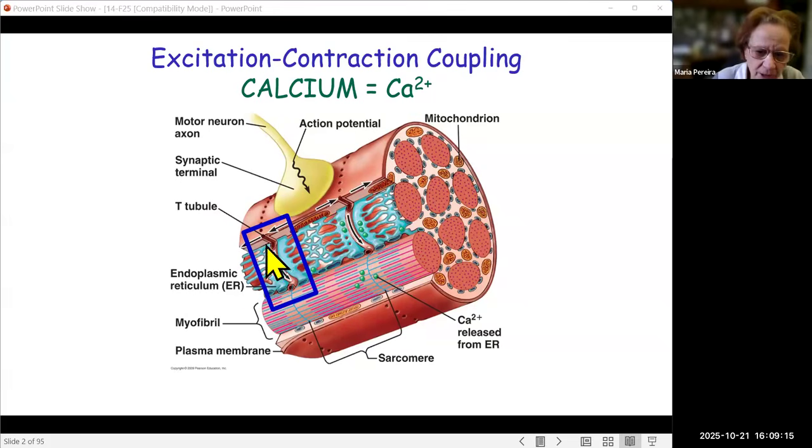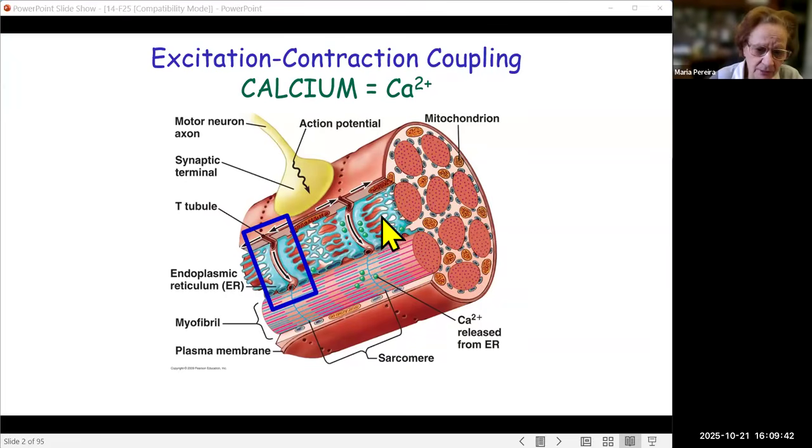Okay, so here is the muscle fiber. And remember the myofibrils, right? These cylinders that are made up of the thick and thin filaments, that have the actin and the myosin. Now remember that close to these myofibrils, you have this sarcoplasmic reticulum.